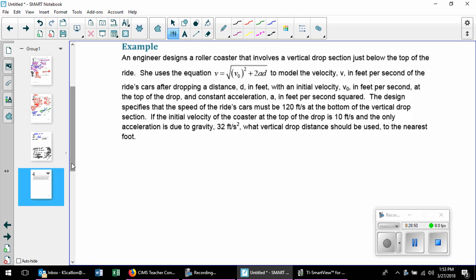Did you do it? Okay, so let's talk about what we need to know. So V is what? V represents your start velocity or end velocity. This is your after the drop velocity.